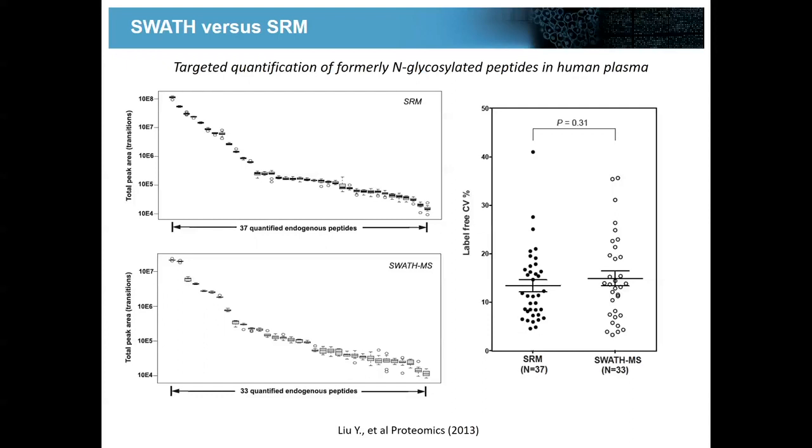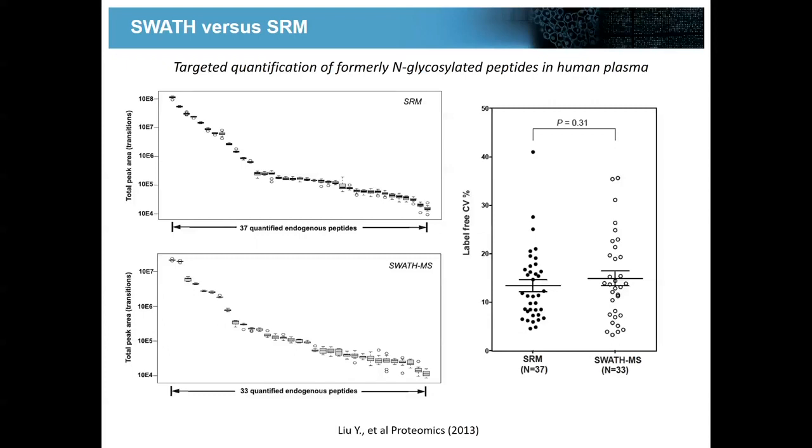So this is just another example of that from Yansheng Lu. Here he's trying to measure formerly glycosylated peptides in plasma, using a glycopeptide enrichment strategy to dig deeper into the plasma proteome. This is a set of 37 peptides, which he could quantify by SRM. And this is the same data for SWATH. What you see is that it basically looks the same, except we have only 33 peptides quantified instead of 37.